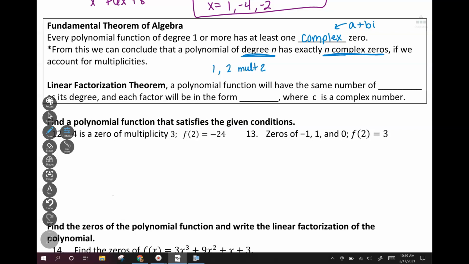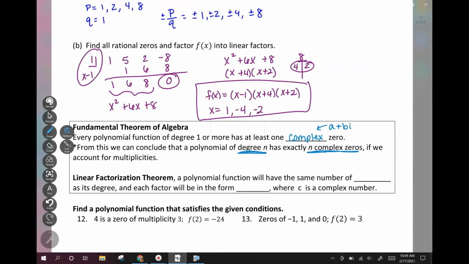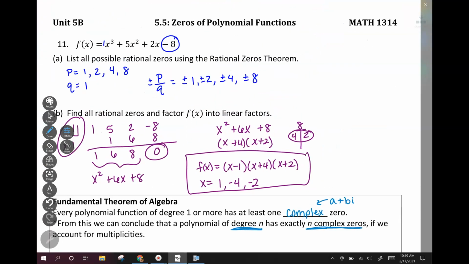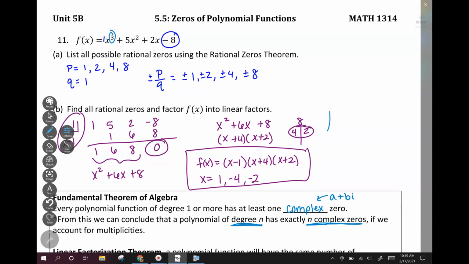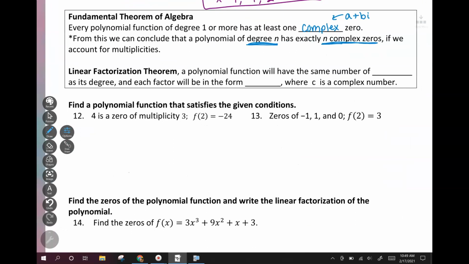Or your zeros could be i, negative i, and 2. You're going to have 3 zeros if your degree is 3. Let's look back up at this example here. The degree was 3. And how many zeros did we have? 3. Exactly what the theorem is saying.